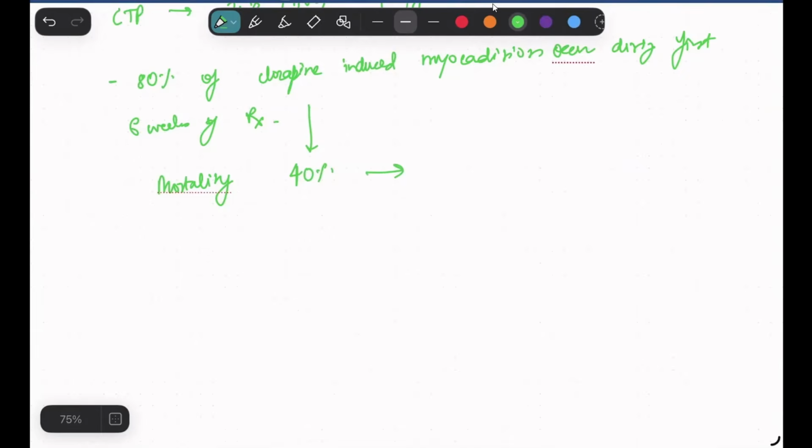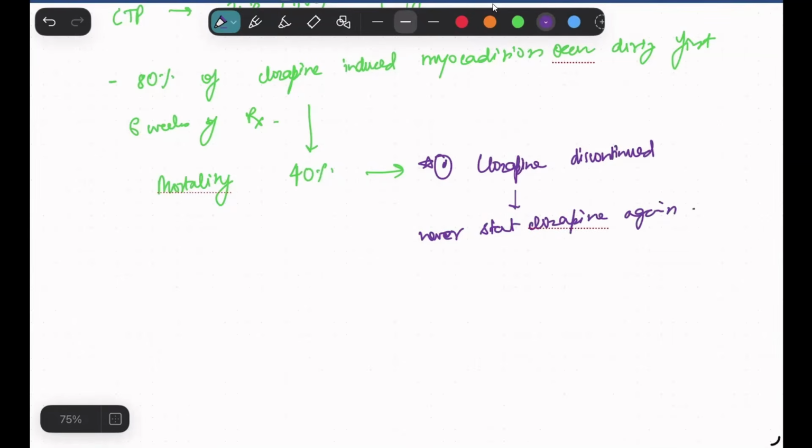Suppose myocarditis is suspected, what should be done? The first and most important thing is that clozapine should be discontinued, and you should never re-challenge with clozapine. Never start clozapine again. Clear?